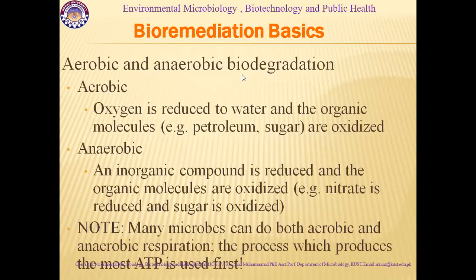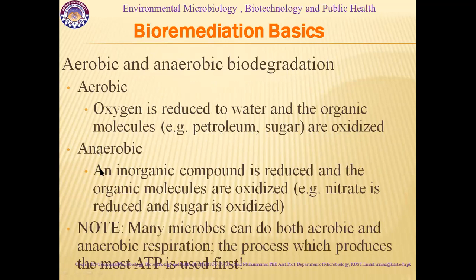Aerobic and anaerobic biodegradation. Aerobic: oxygen is reduced to water and the organic molecules such as petroleum and sugars are oxidized.